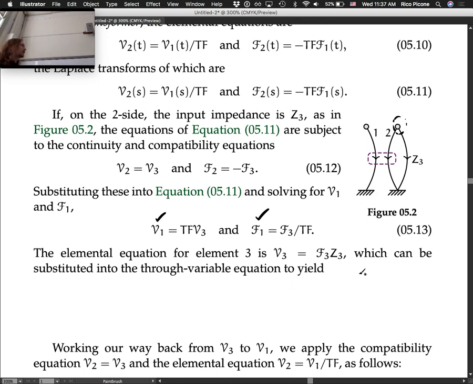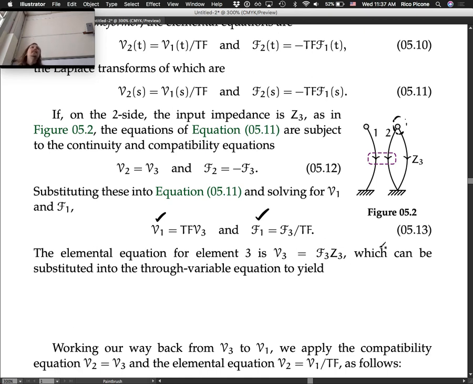Now when I say the elemental equation, I mean the Laplace transform of the elemental equation, right? Usually when we say the elemental equation in the past, we've always meant the time domain one with the time derivatives associated with it. But now, if this is a Laplace domain situation, which when we're talking about impedances is what we care about, then this is the elemental equation.